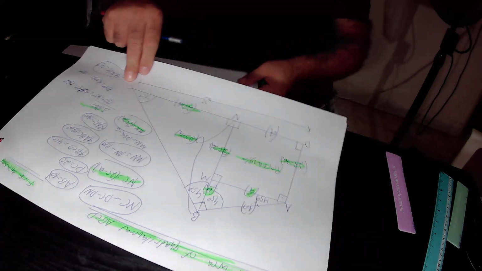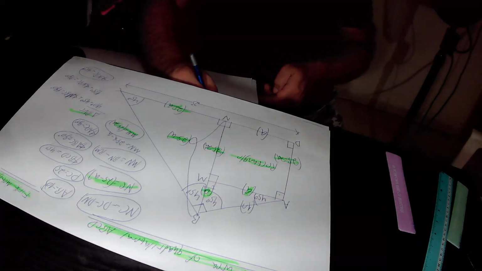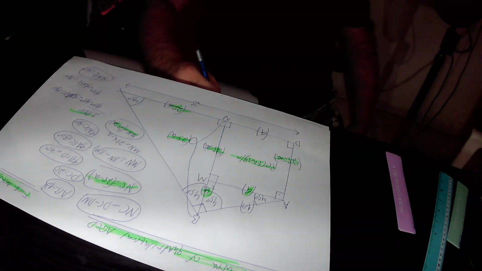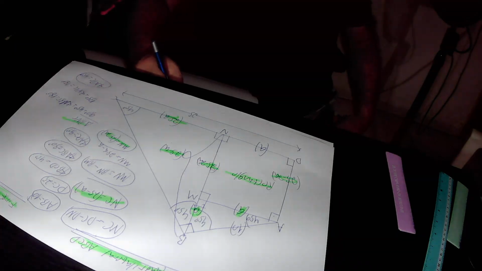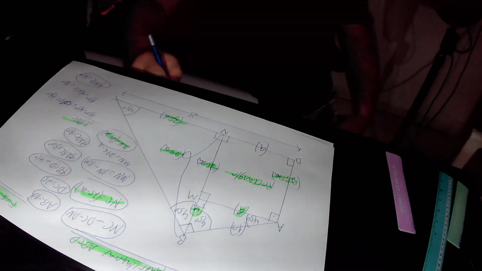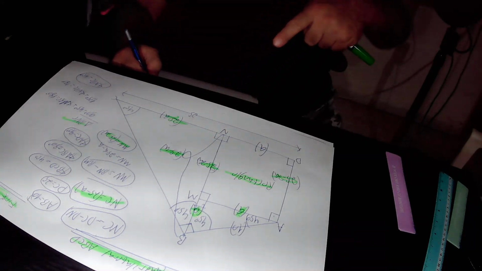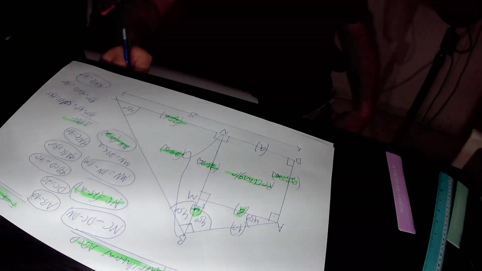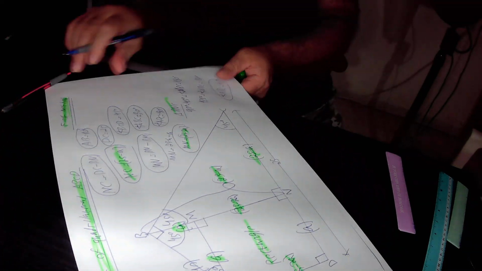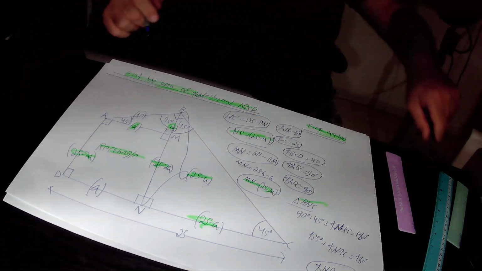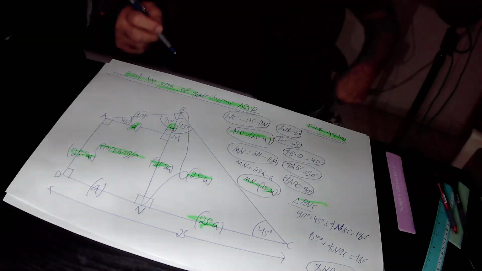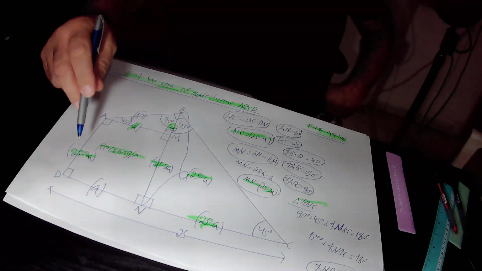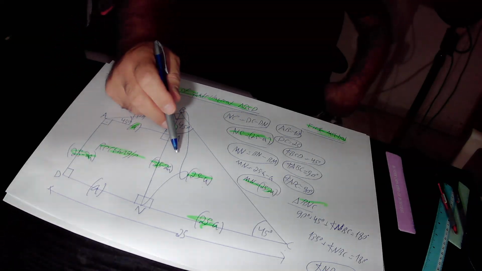Actually, the area of quadrilateral ABCD is equal to the area of trapezoid ABND plus the area of this right triangle, triangle BNC.